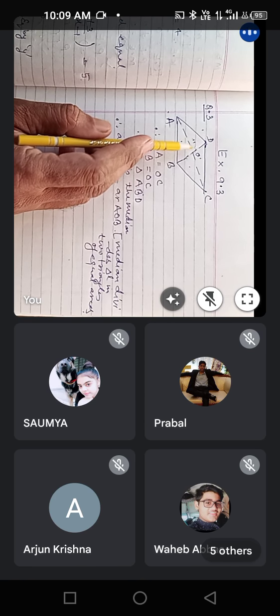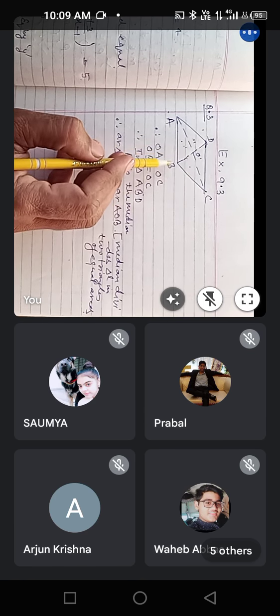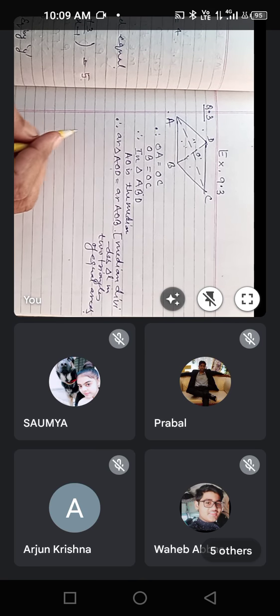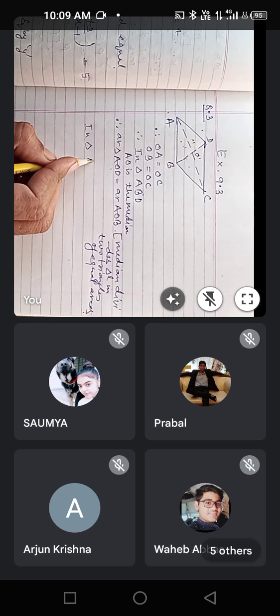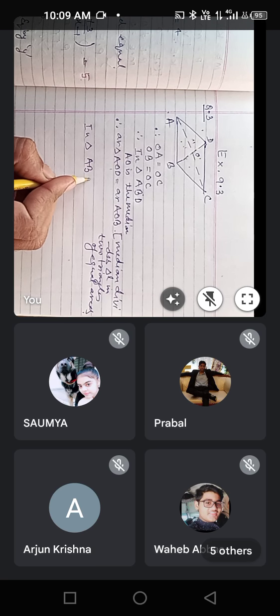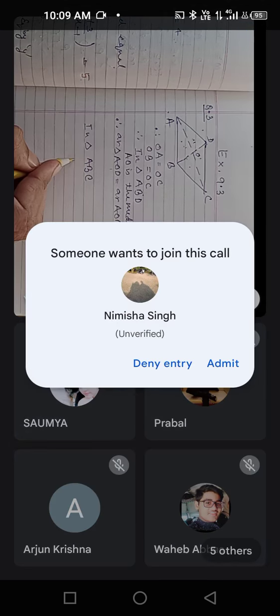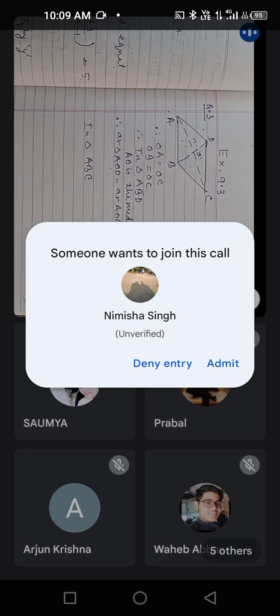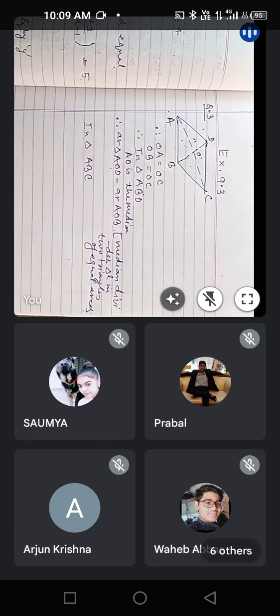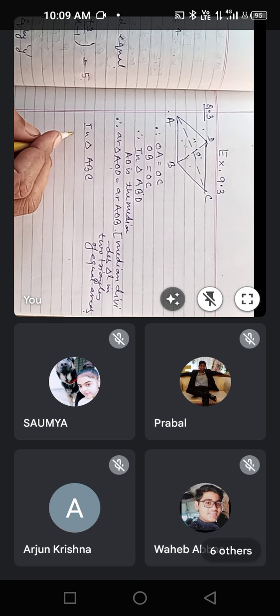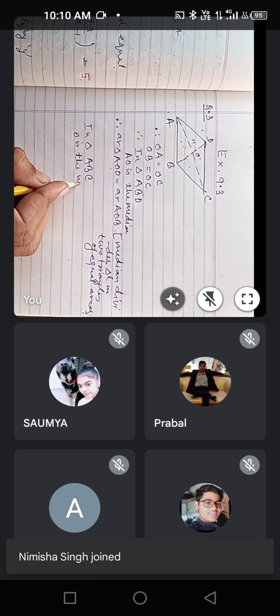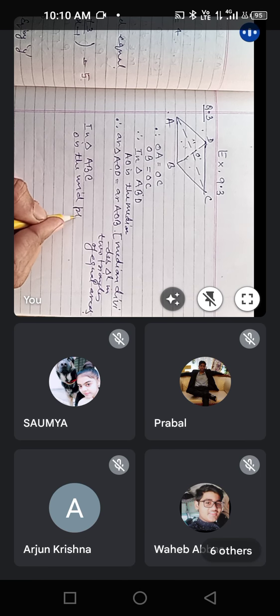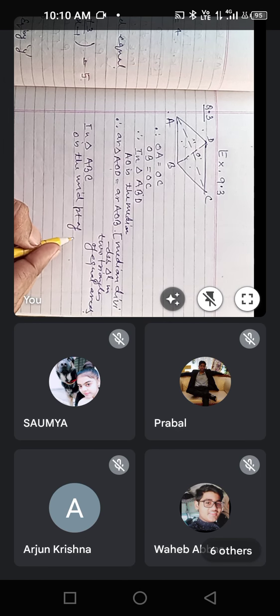Got it? Now similarly here, write down: in triangle ABC, O is the midpoint of AC.